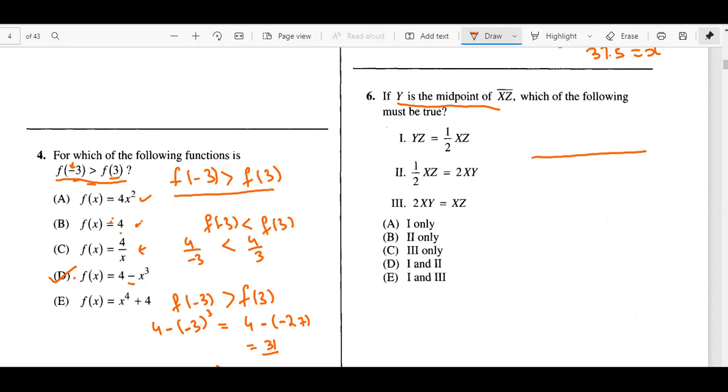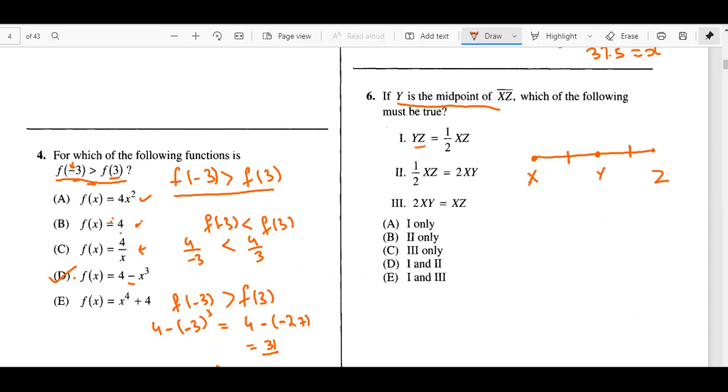Think of it as a line segment where this is x and this part is z, right? And here they're saying y is the midpoint of xz. So this is y, and these two distances must be the same. Okay, so which of the following must be true?